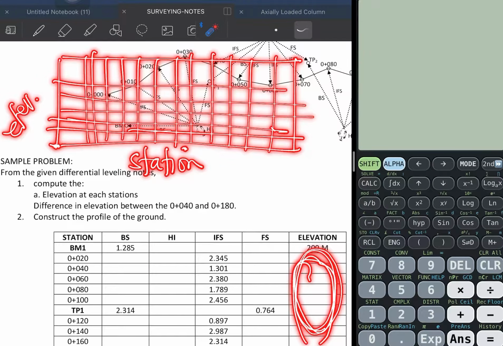Then you have the elevation and station, so you can have this for station 20, station 40, station 60, and so on. Then you connect the points using freehand. So that's the profile of the ground.